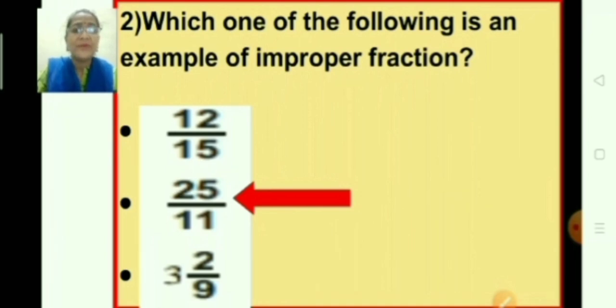In an improper fraction, the numerator is greater than the denominator, and out of 3 options, the second one, that is 25 upon 11, is the example of an improper fraction. So you are going to click the second option, that is 25 upon 11.